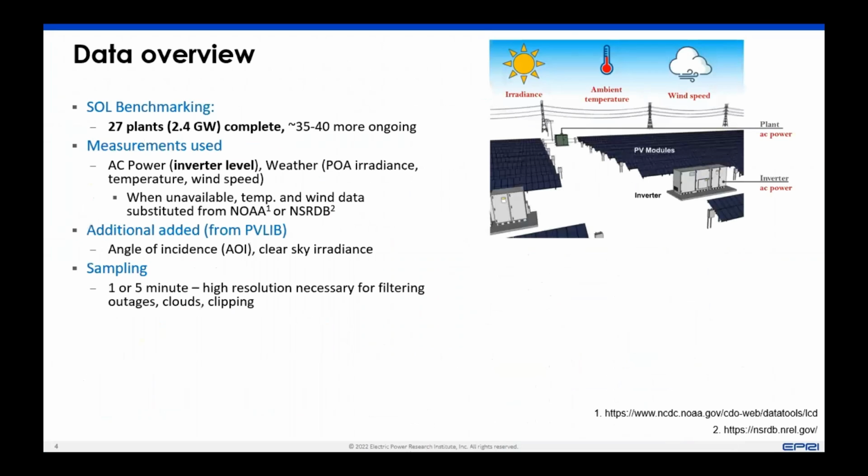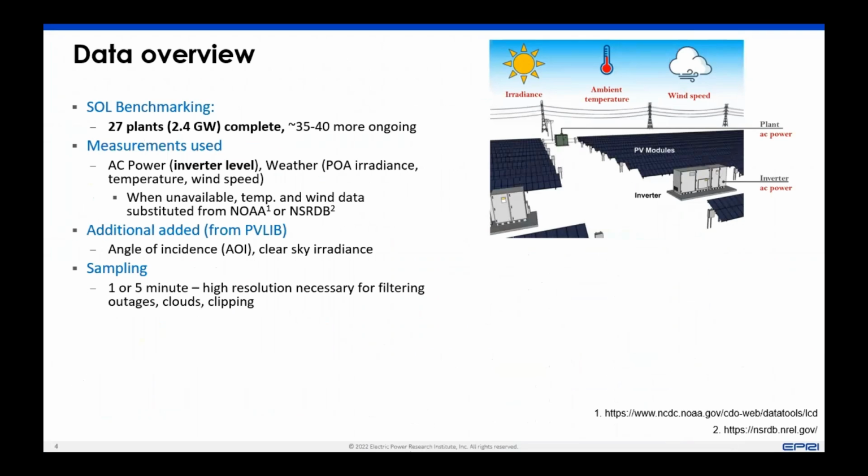We have data based on 27 plants, 0.4 gigawatts, and we still have 35 to 40 to go. It's based on the AC power at the inverter level, and also all the weather station data: irradiance, temperature, and rain. If the data is missing, we substitute with other data sources.